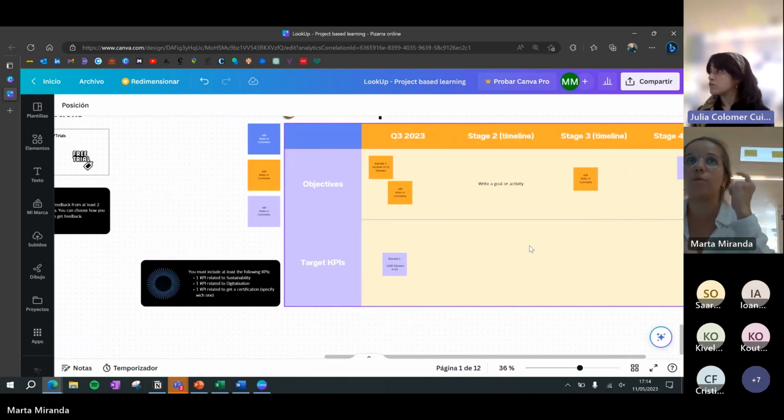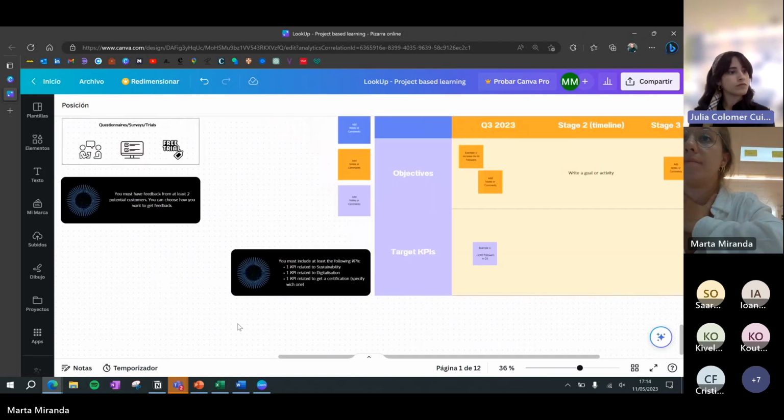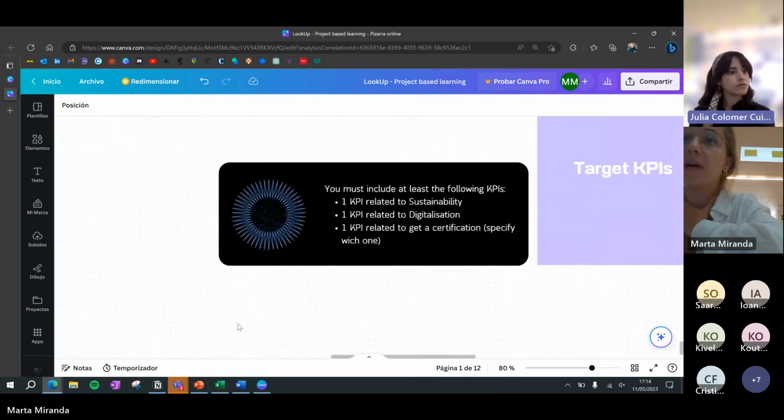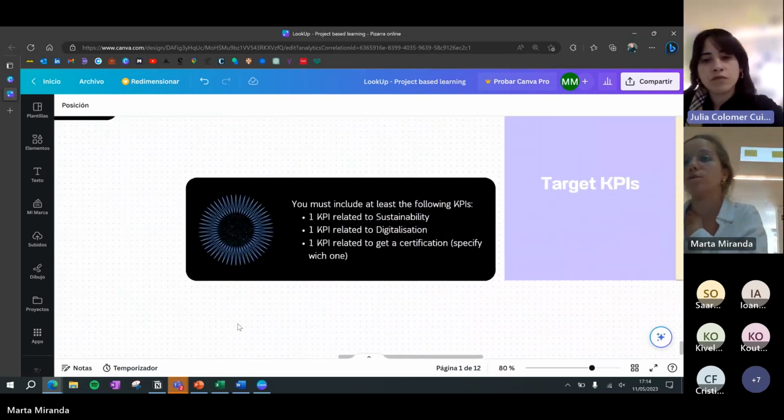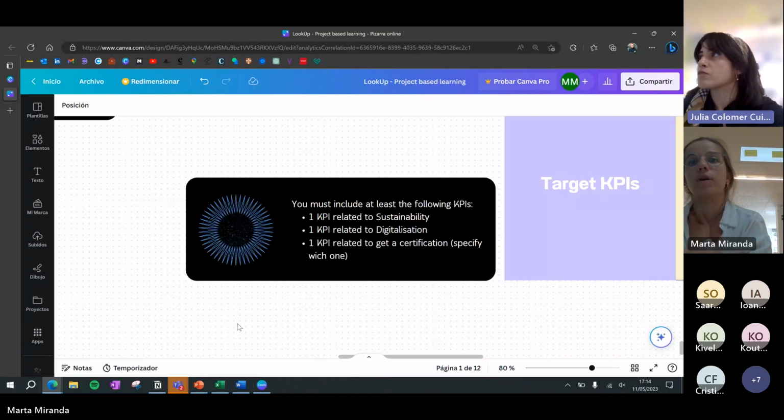You can have more than one objective, and you can have more than one KPI. And also we are asking you to include at least one KPI related to sustainability, one KPI related to digitalization, and one KPI related to a certification.